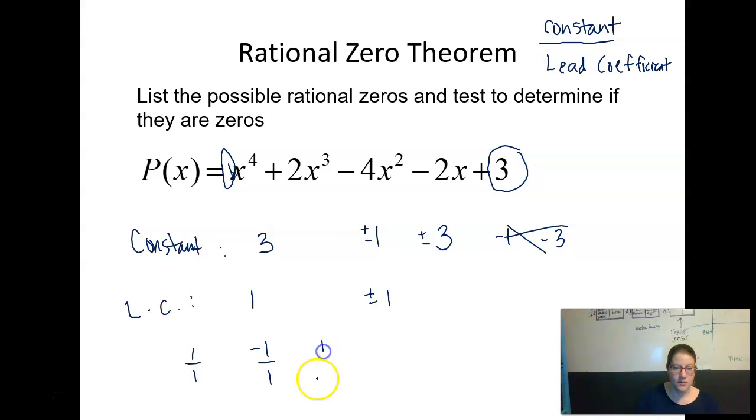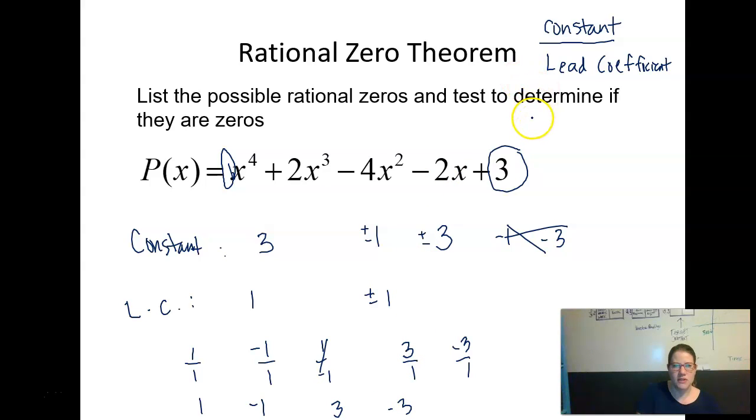Or I could have +1 over -1. That's not going to give me a new one because -1 divided by 1 is -1, and so is 1 divided by -1. So it's not giving me anything new. So I could have 1, I could have -1, or I could have 3 over 1 or -3 over 1. So the possible rational zeros are 1, -1, 3, and -3.